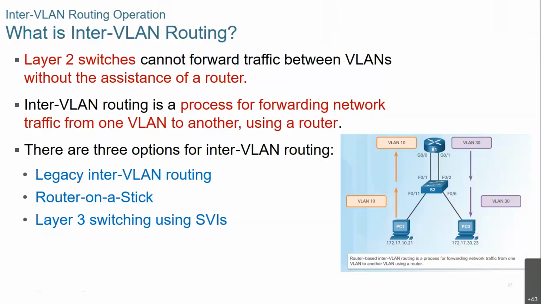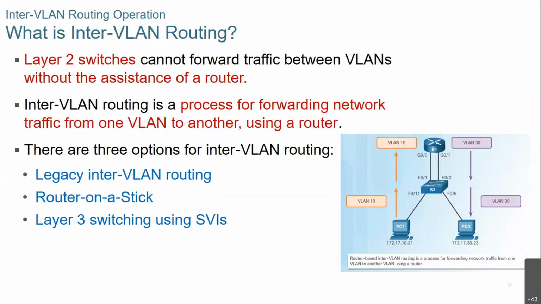Layer 2 switches, because they are layer 2, cannot perform any routing capabilities. To route between different subnets, which means looking at the IP addresses, which is layer 3 addressing, you need the help of a router.